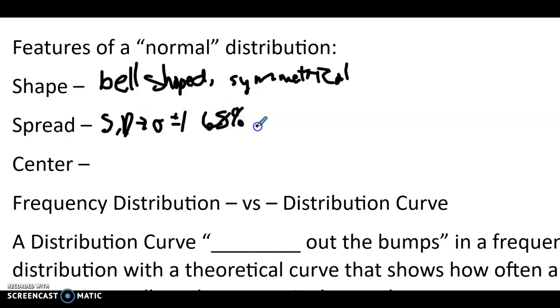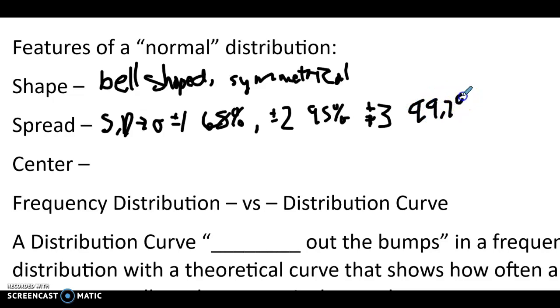So be sure you get these written down because these will be very important values that we will use. Plus or minus 2 standard deviations is 95%. And plus or minus 3 standard deviations is 99.7.